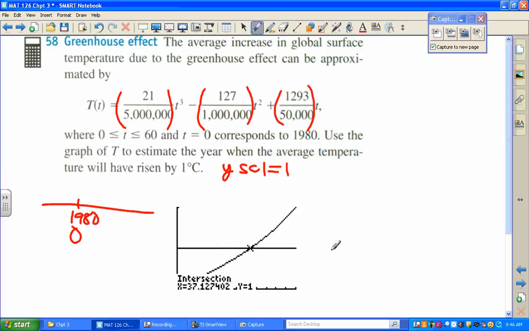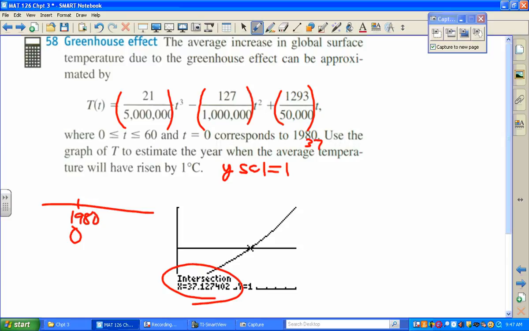Now, that's not the answer. I got 37.127. Subtract or add 37? You had 37 years to 1980, I think.